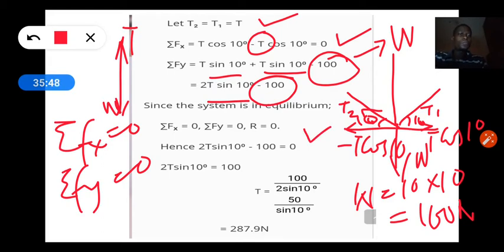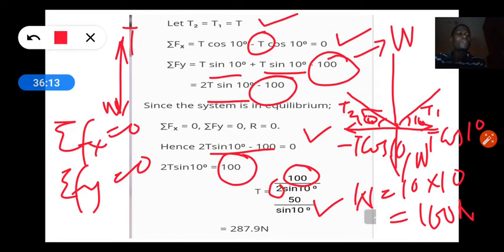So solving this equation, my 100 comes and becomes positive here. Making T the subject of the formula, that's 100 divided by 2 sine 10. Of course, the 2 cancels out 100, so I have 50 divided by sine 10 degrees.